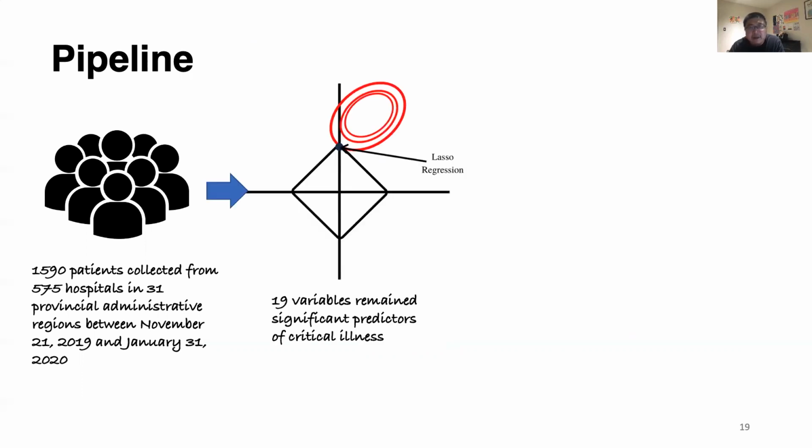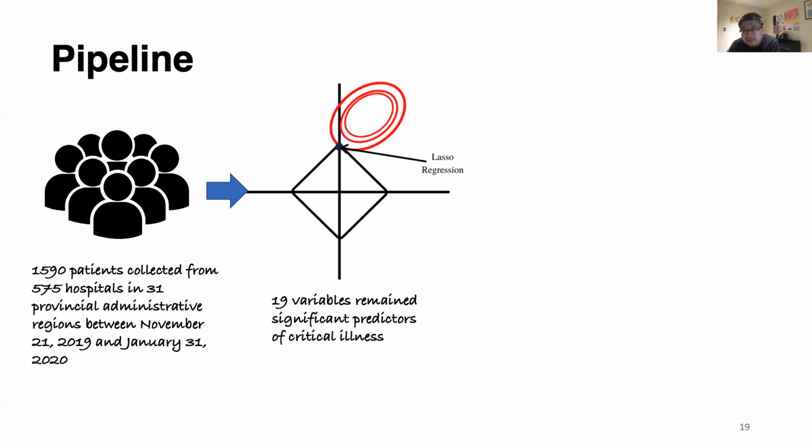Because they want to define whether the patient is critically ill or not, they defined the severity of COVID-19, mainly severe or non-severe, based on American Thoracic Society guidelines for community-acquired pneumonia, given the extensive acceptance of this guideline. And they defined critically ill COVID-19 as a composite of admission to intensive care unit, invasive ventilation, or death. This is a composite outcome.